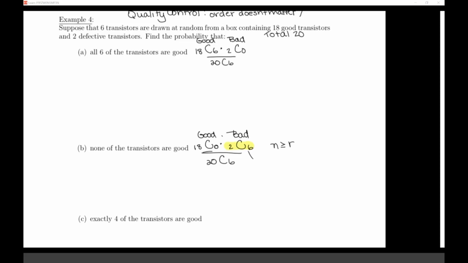If you put this in a calculator, you'll get a 0, which is adequate. You want this to be a 0 probability. This probability is 0. It can't happen. You don't have enough bad transistors in the box.